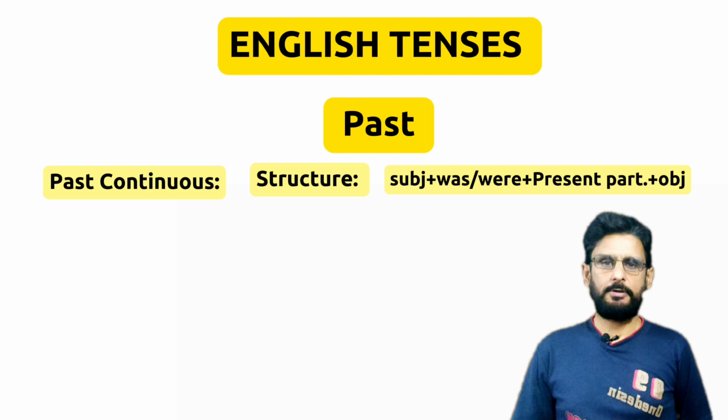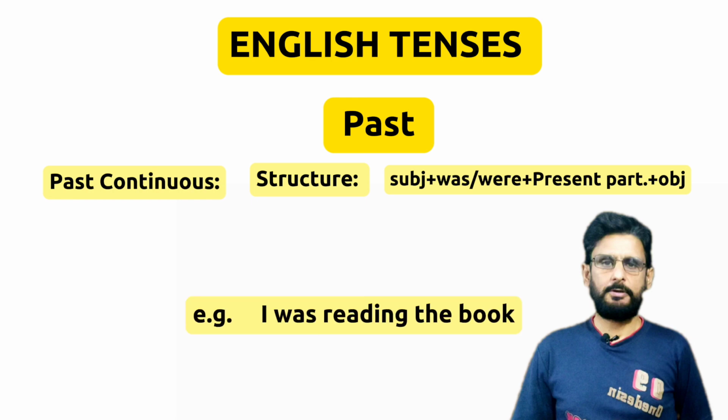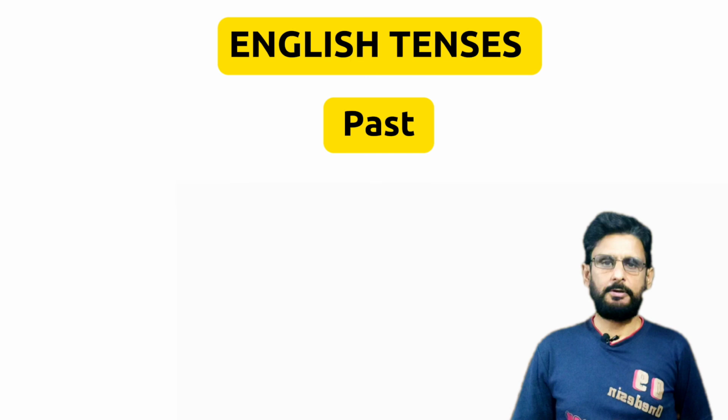This is the structure of past continuous tense. The example: I was reading the book. I is the subject, was is the helping verb, reading is the present participle form of the verb, the book is the object. So this is our past continuous tense.